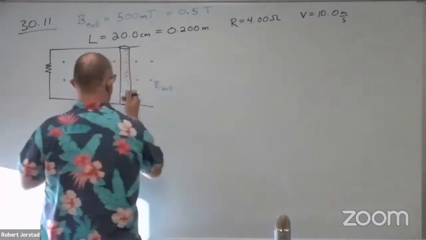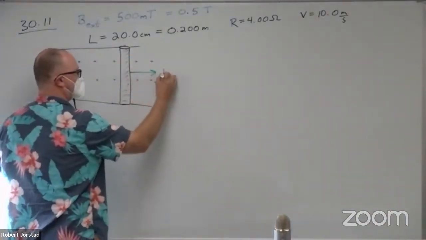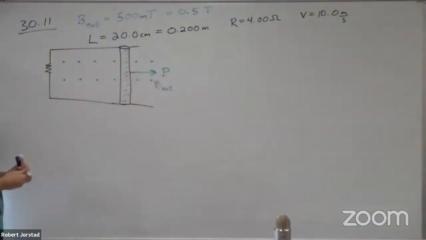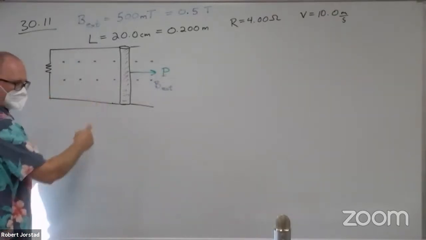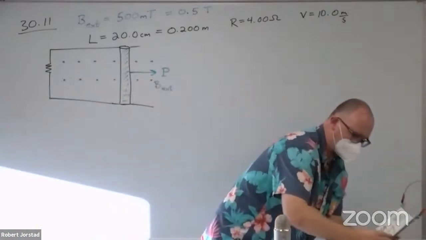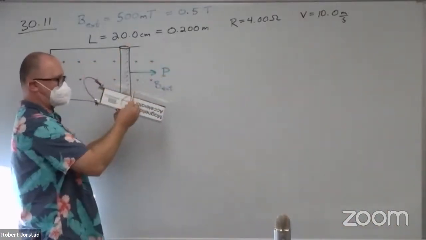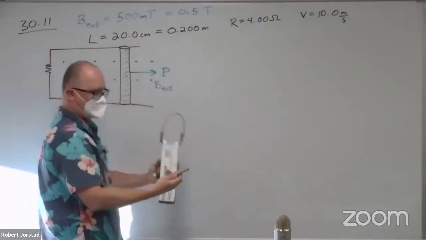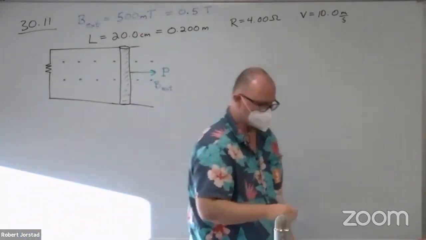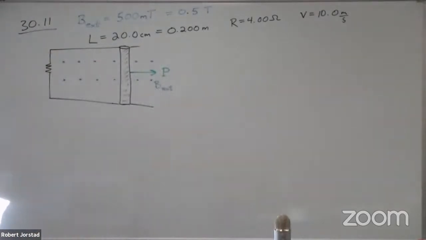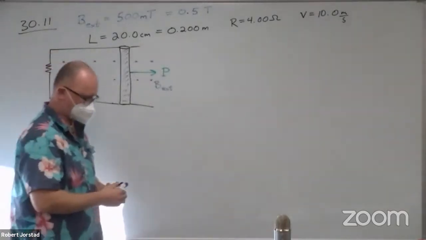So I am the zombie pulling on this thing with force P. To be clear, the rails aren't going anywhere. It's just the rod. And it's like this scenario that I'm showing you where it's pressed up against there. It's not like I'm just moving the rod wherever I want. It's pressed up against there the whole time. All right. What's our first question say?